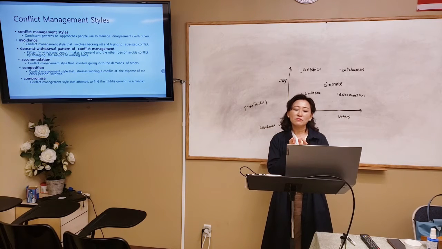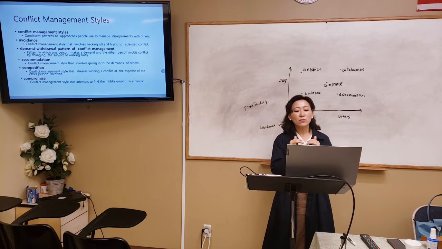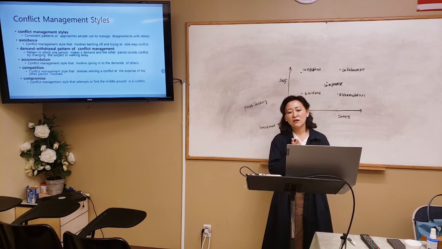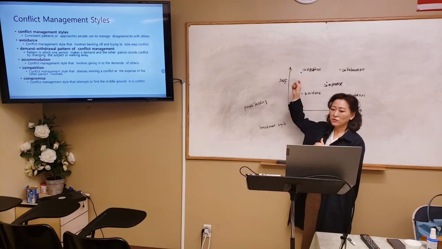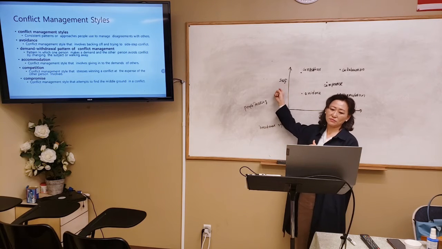One of several classifications of conflict management styles is a five-style model based on the work of K.W. Thomas and R.H. Kilmann that includes two primary dimensions, concern for others and concern for self.